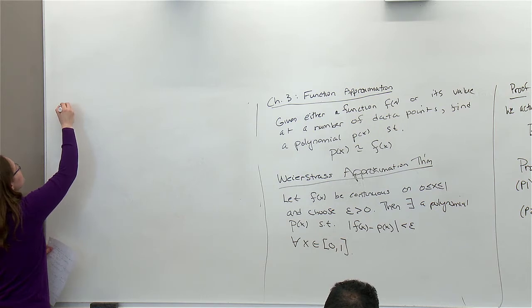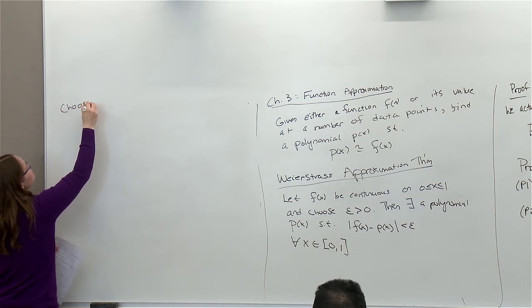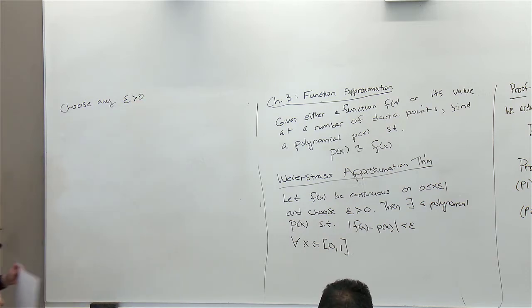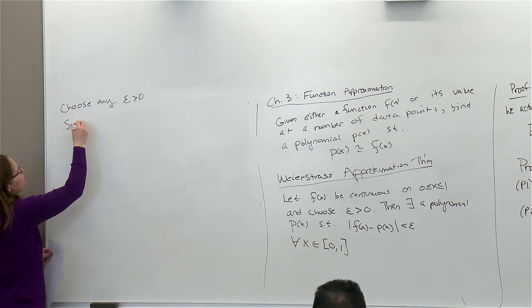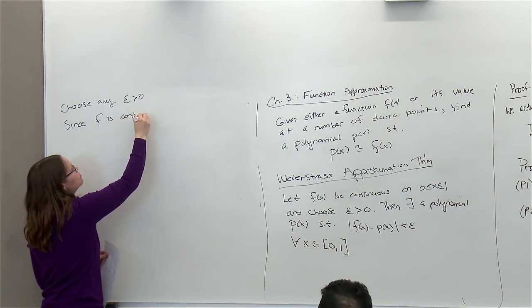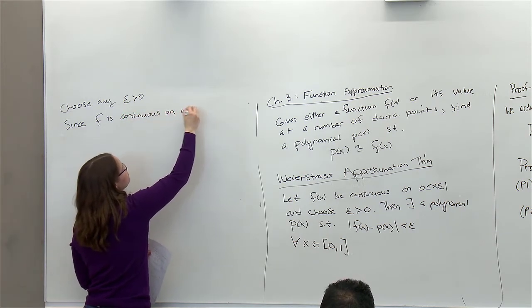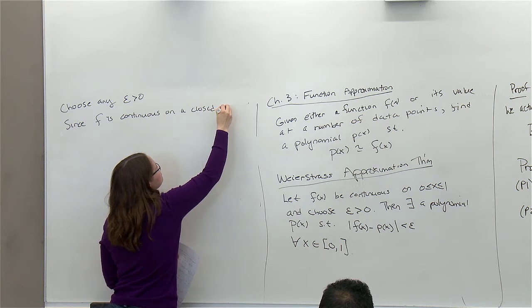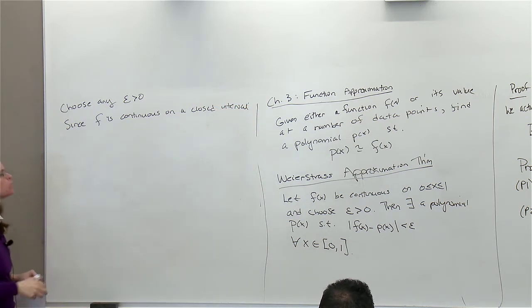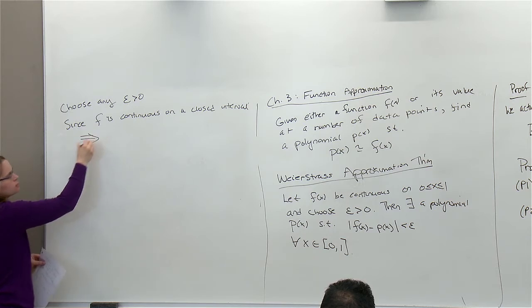So let's choose our epsilon. Epsilon, remember, was our error tolerance. Now, since f is continuous on a closed interval, what does that mean?